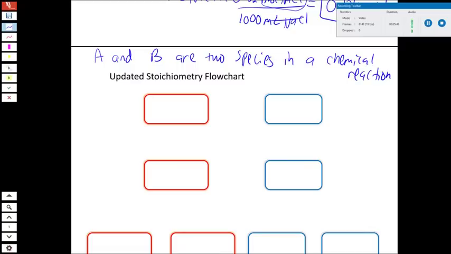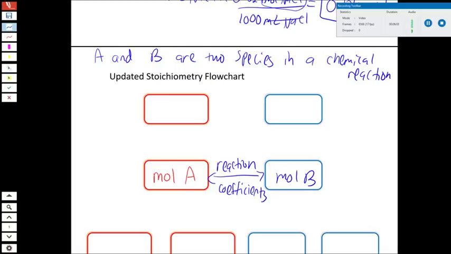And so what we saw was that in stoichiometry, the key conversion that we have to be able to do is take moles of one substance and convert into moles of another substance using the reaction coefficients from the balanced equation. So that is the step that is going to be really common for any type of stoichiometry problem.